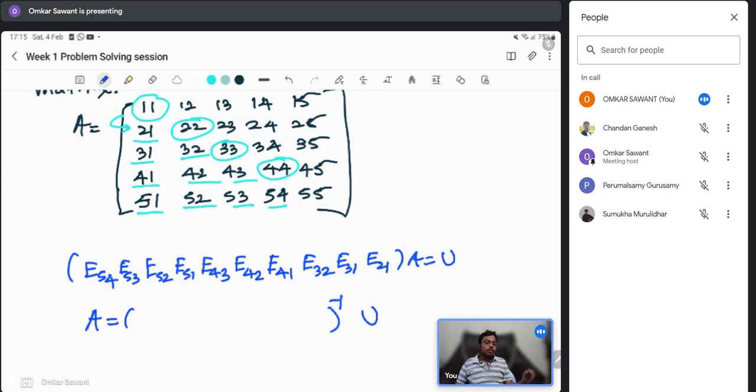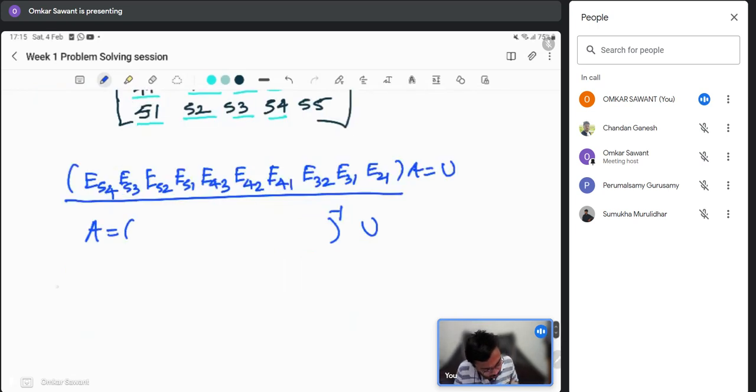If they tell you to write it in terms of U, you will take the inverse of the whole thing and multiply by U. So what will be the inverse of this whole term?